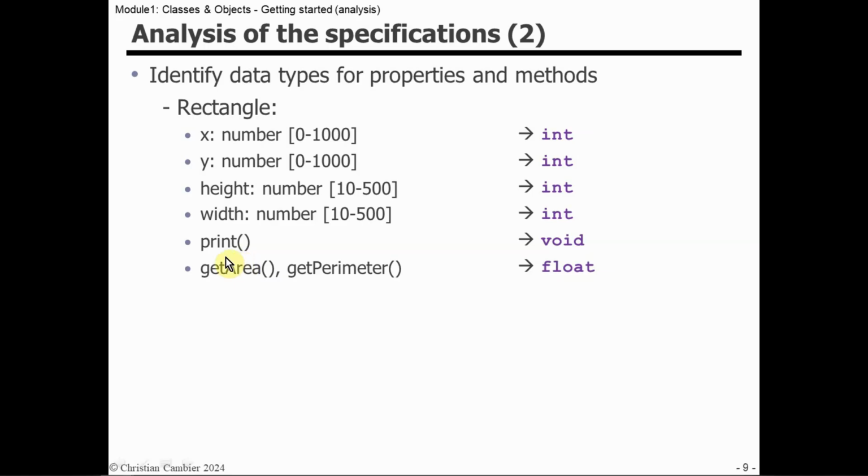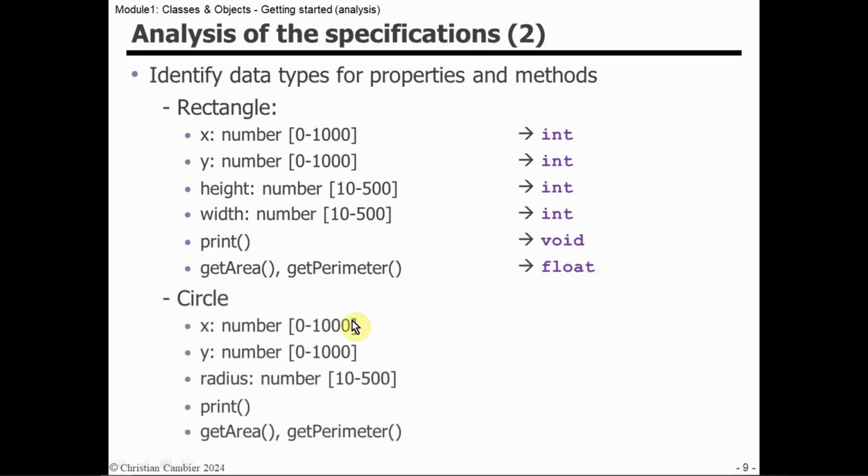It's not going to calculate or return anything, so the return value will be void. Get area and get perimeter, on the other hand, they will return a value, and I will select a return value of float. Circle, very similar for x, y and radius, integers as well. The print void method and the get area and get perimeter, they'll return float.